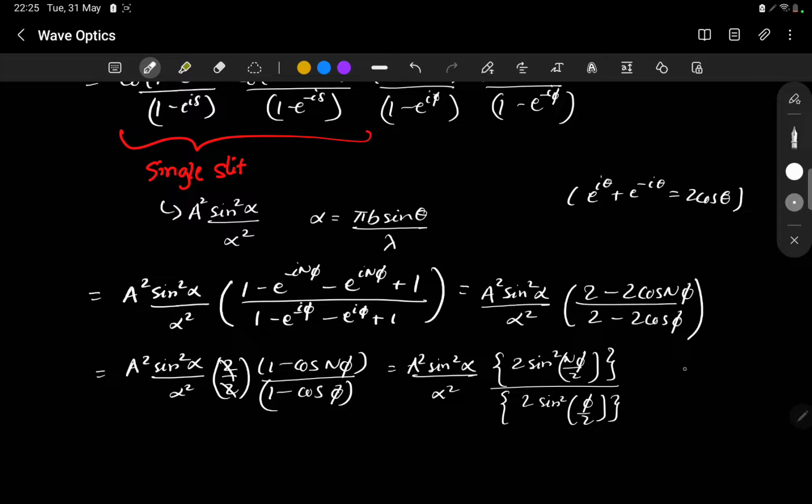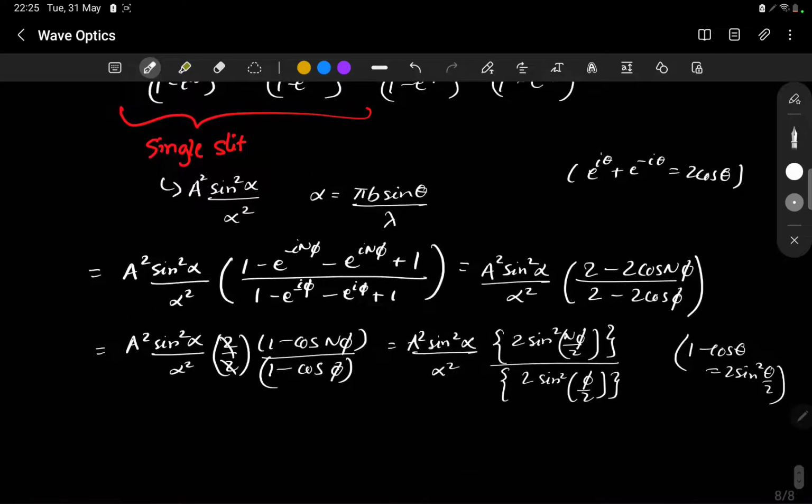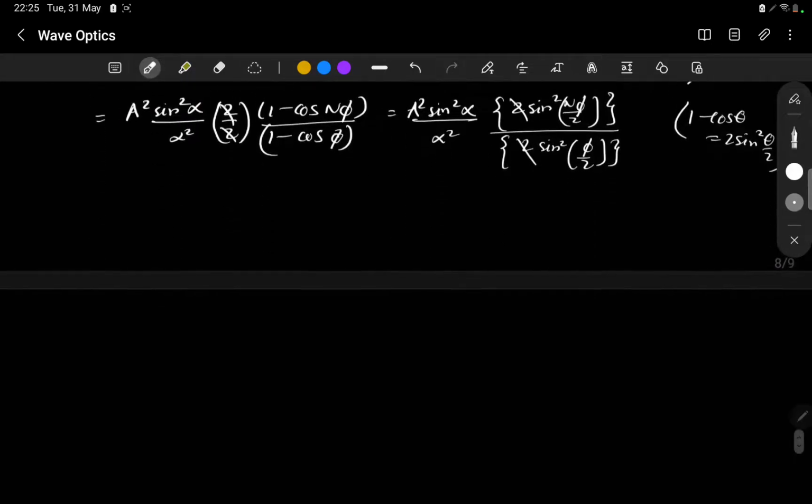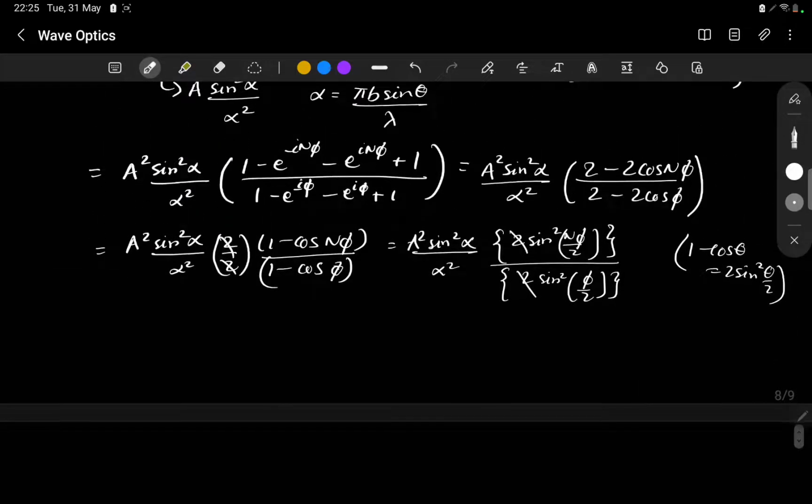So this comes from the fact that 1 minus cosine of theta is equal to 2 sine squared theta by 2. This is trigonometric identity. So finally we get the following.